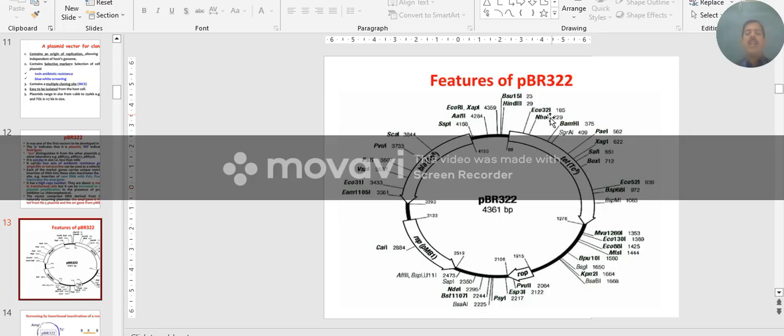As I said, if you are using any of these restriction sites, your foreign DNA will be inserted into this region, which inactivates the tetracycline resistance gene. So in other words, the selection of transformed or chimeric vector molecules can only be done by placing them on a medium containing ampicillin, because this vector molecule would have lost resistance against tetracycline.